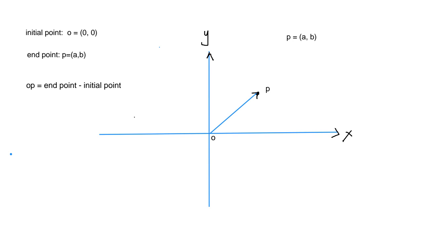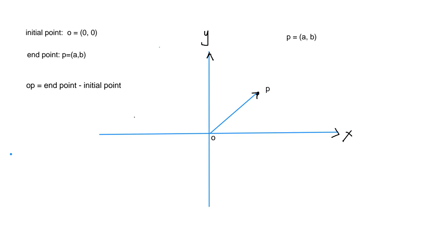How do we do point subtraction? That sounds weird, right? We subtract component-wise. So what's the endpoint? Endpoint is A, comma B. The initial point is 0, comma 0. So how do we subtract these two points? This is new. For this class, yes, we can subtract points now.